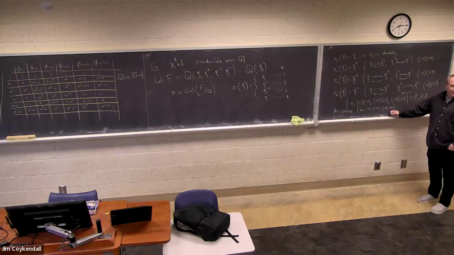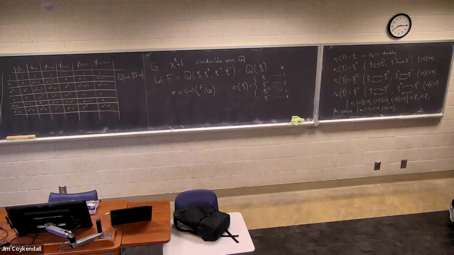This is also a subgroup of S4, and it's isomorphic to Z2 x Z2. Does anybody know what the difference between these two is from a group theoretic point of view? These are isomorphic subgroups of S4, but the top one, the one we got as the Galois group, is transitive. The other one is not.